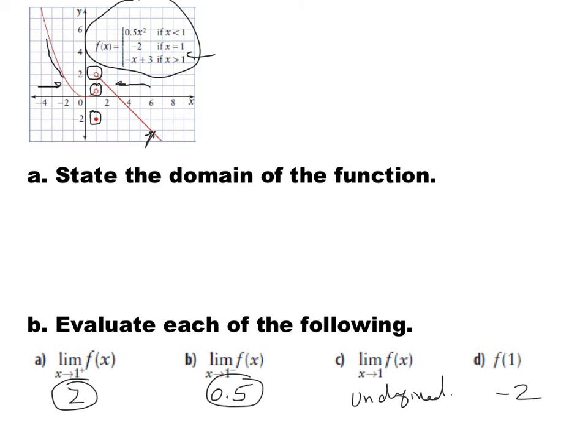Now, if we evaluate the function at x equal to 1, we get negative 1 plus 3, which is 2, which is here. The next one, when x goes to 1 minus, this means I have to use this function because x is less than 1. If we set x to 1, 0.5 times 1 squared is 0.5, which is here.